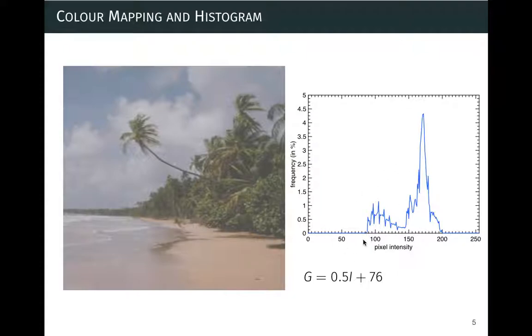Now the darkest value is at 76, which makes sense because we have an offset. But it also ends much sooner, at 200, and that comes from the fact that you only took half of the value. So this 0.5 reduces the range of values we are going to use, and therefore it's going to seem very gray and monotone.